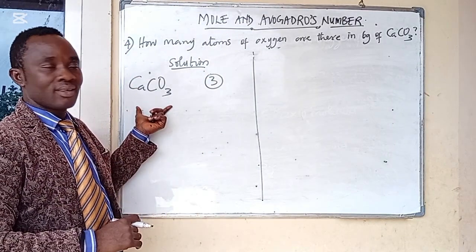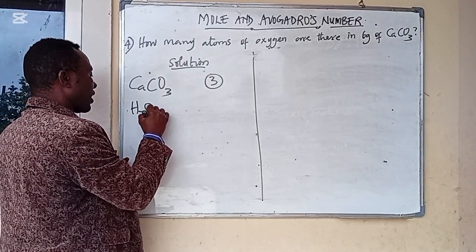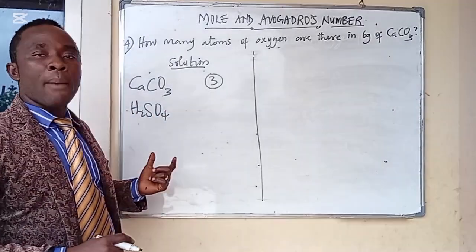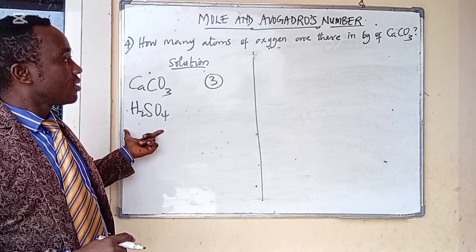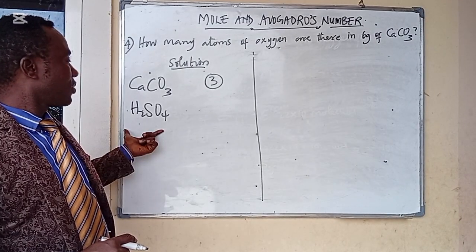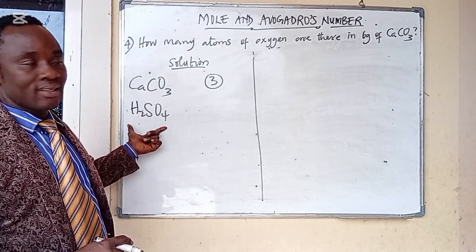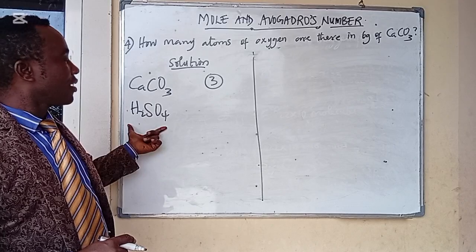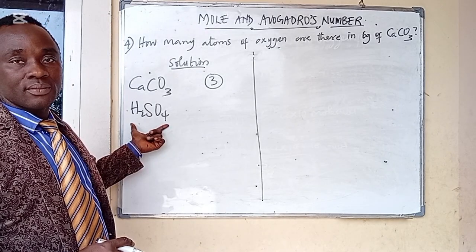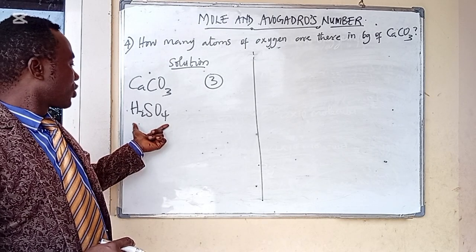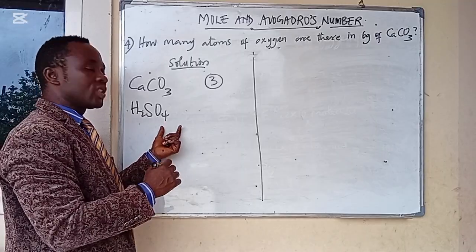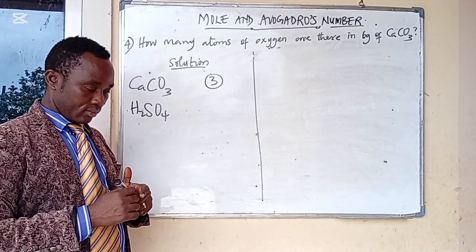That is wrong. When you put H2SO4 and they ask you how many atoms of oxygen will be present in this compound, students will tell you the atoms of oxygen is 4 atoms of oxygen.